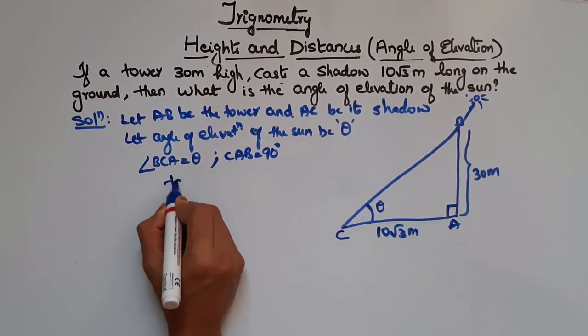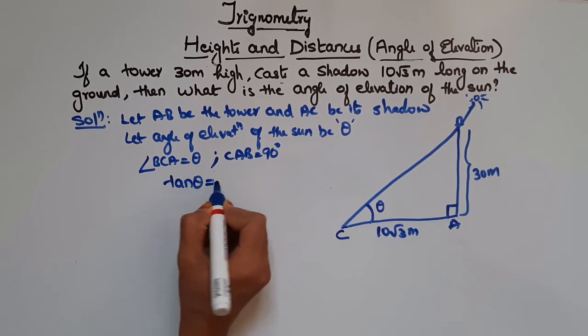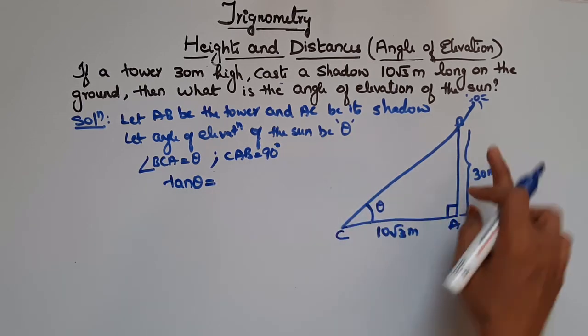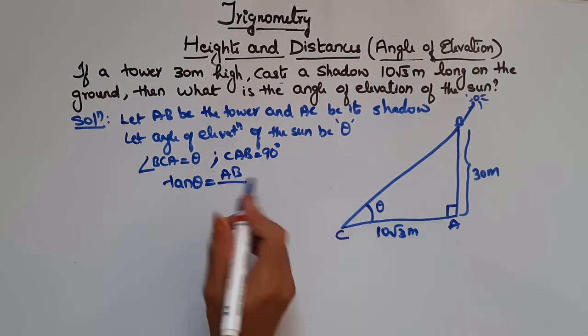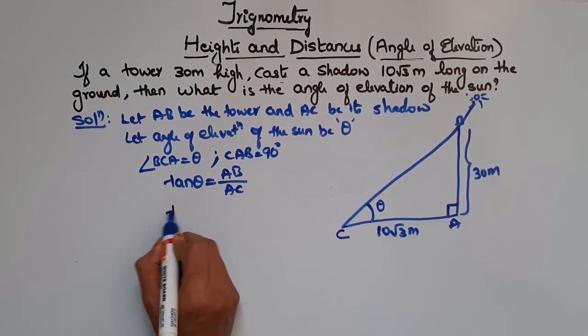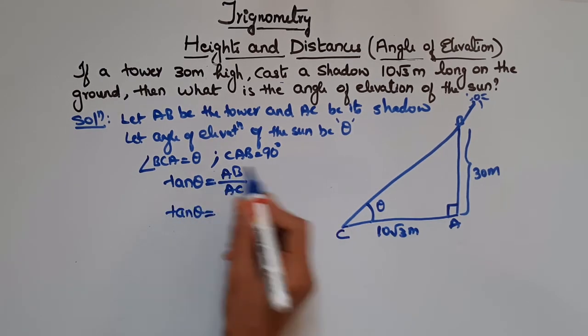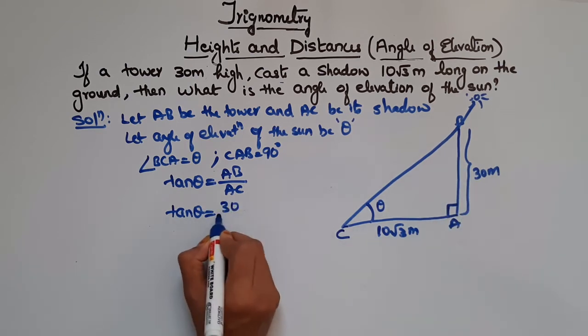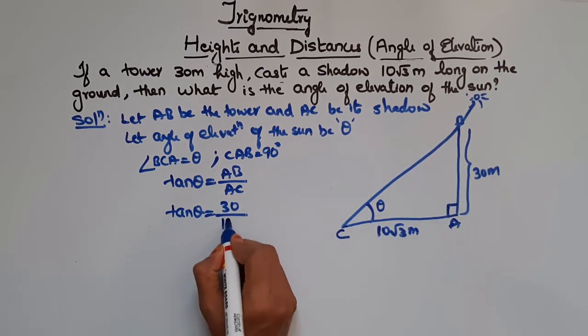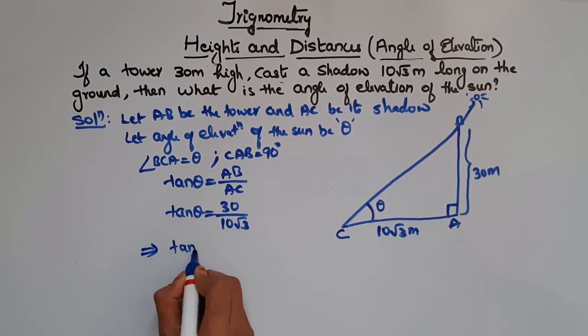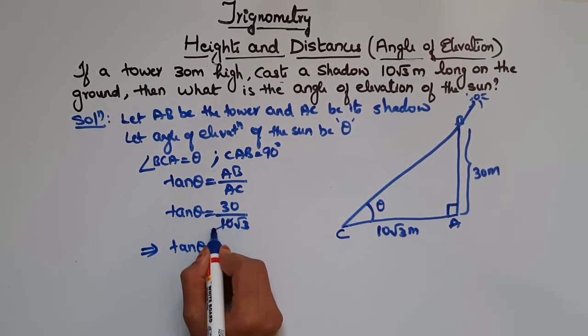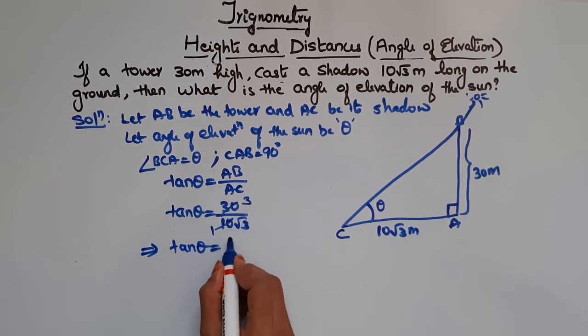Here what is tan theta? So tan theta is equal to opposite by adjacent. Here the opposite side is AB, by adjacent is AC. So tan theta is equal to AB, here 30 meter, by AC, 10 root 3, right? Which implies tan theta is equal to 10 1s are 10, 3s are 30, so 3 by root 3, right?